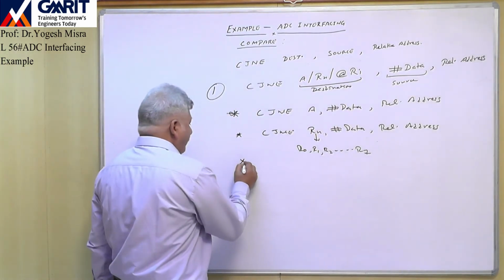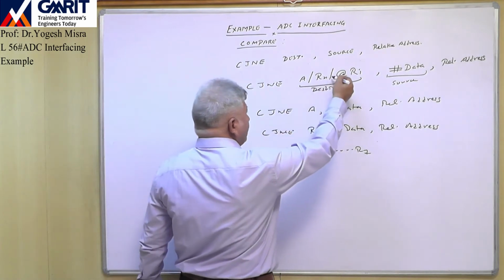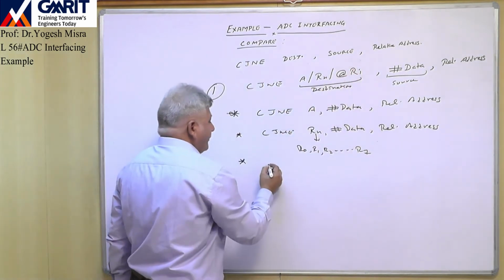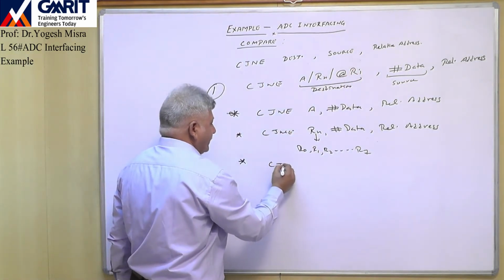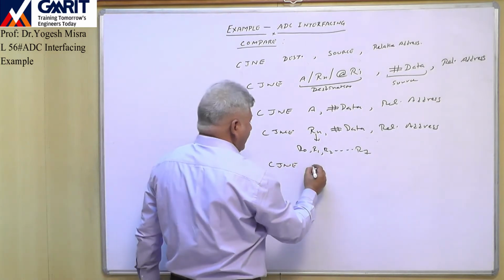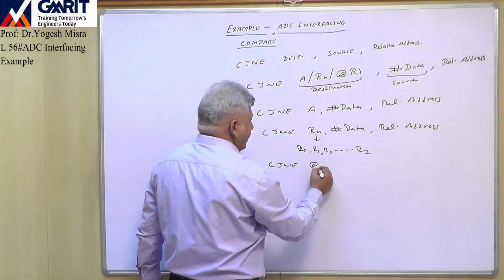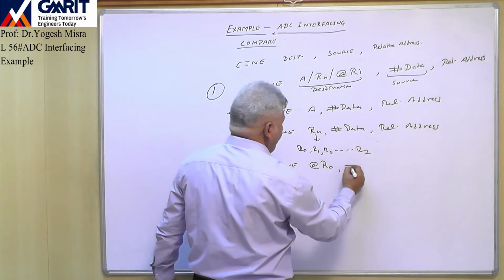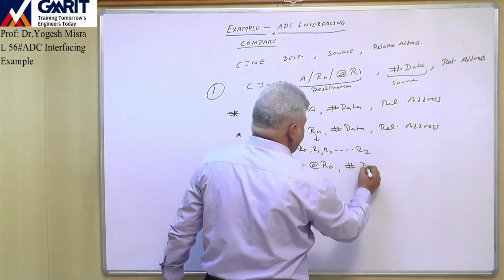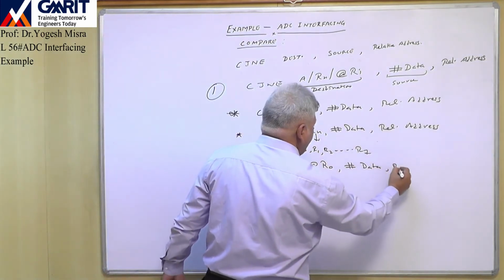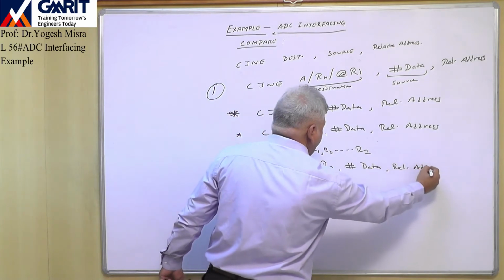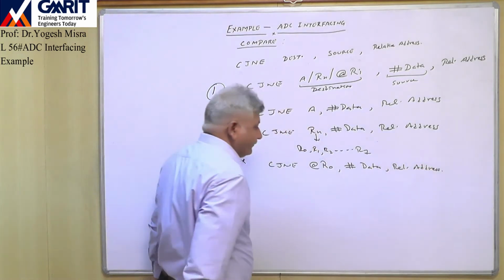And the third form: in the destination we can use the @ symbol. For example, CJNE @R0, #data, relative address.